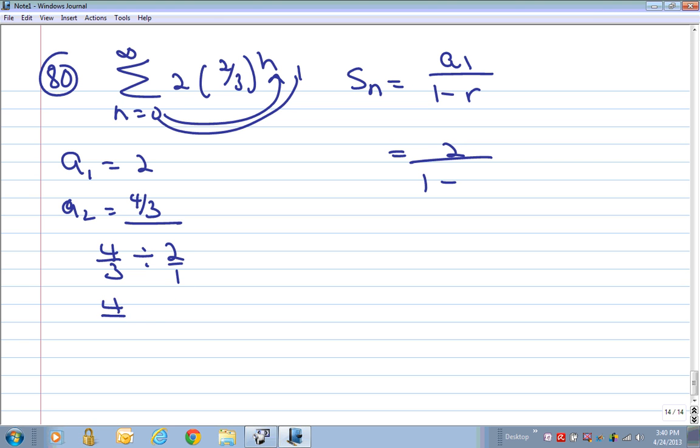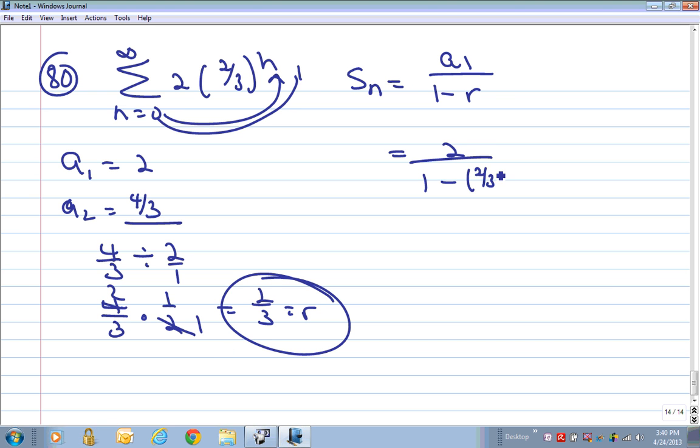And remember our algebra, we could do 4/3, and instead of dividing, multiply by 1 over 2, which gives us, we can cross cancel that with that, and that ends up with 2/3 equals our ratio. So 1 minus 2/3. When we put all that in our calculator, then we're going to get 6.